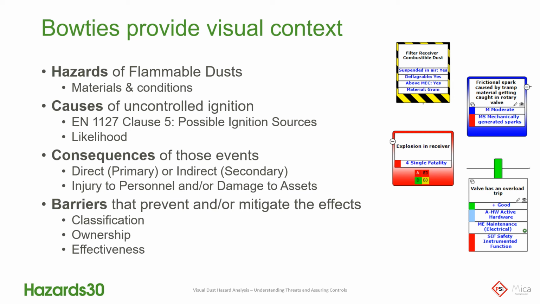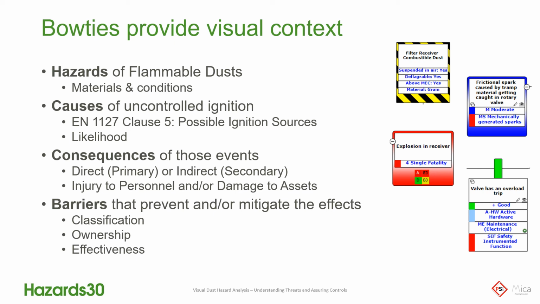You can also capture the consequences or the effects of the events, and they could be direct effects or indirect effects. So ignition within the equipment, ignition outside the equipment, or ignition in connected equipment.